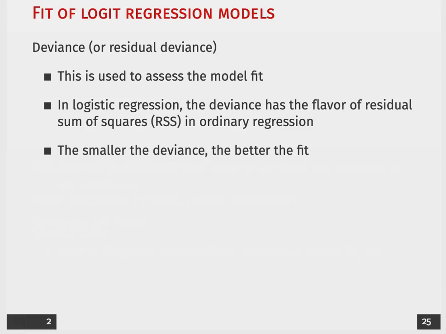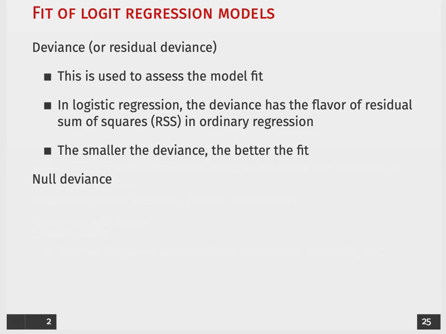Just in the same sense that we want to reduce the amount of error, the residual that each observation has, and overall we want to reduce the sum of those squared residuals. The same thing is going to hold true for deviance. We are again talking about a deviance from expectation. So it's the same kind of interpretation.